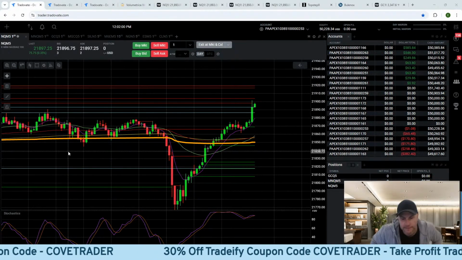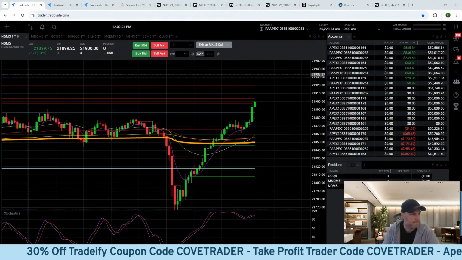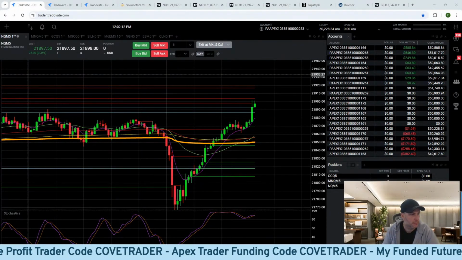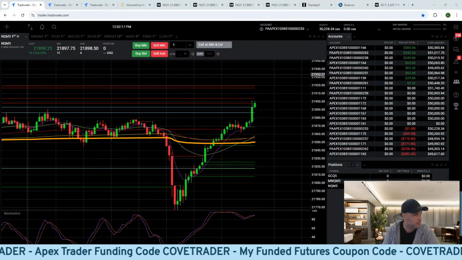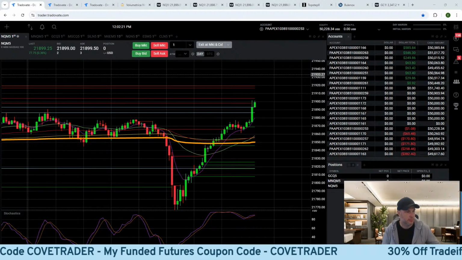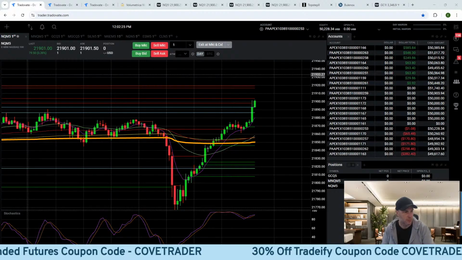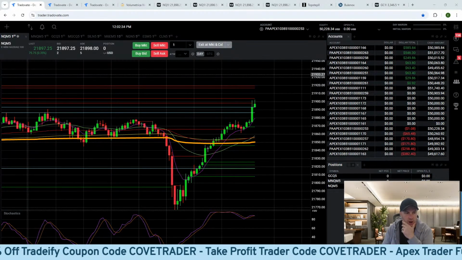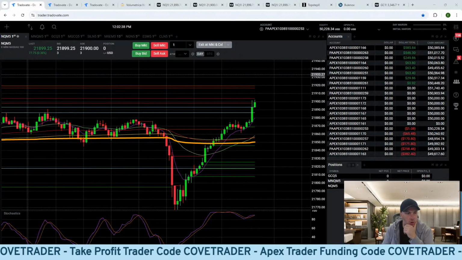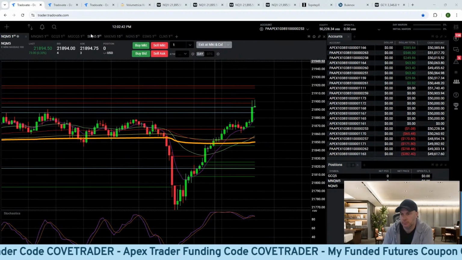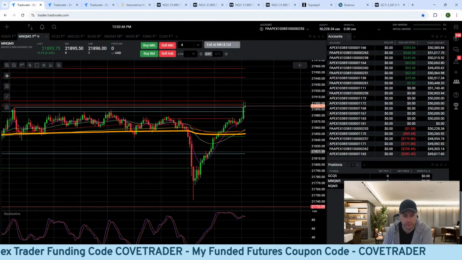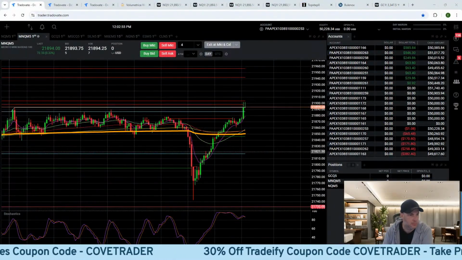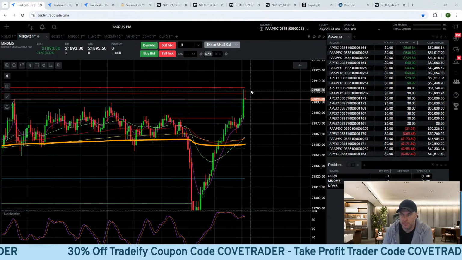It went right up to a pivot point and just rejected. Over 902, it probably flies. Right up here is the pivot point.